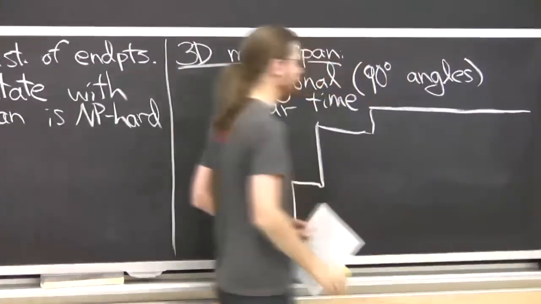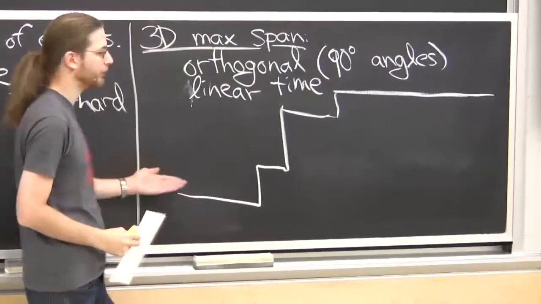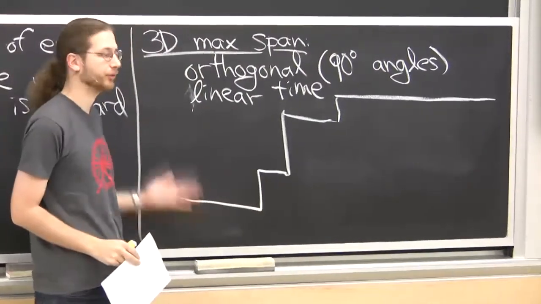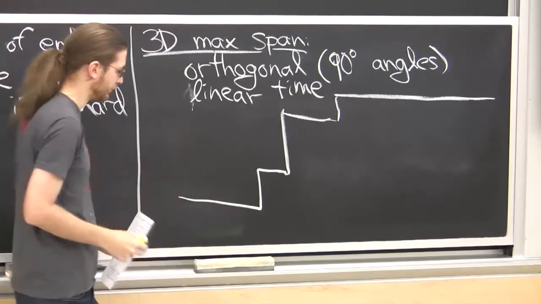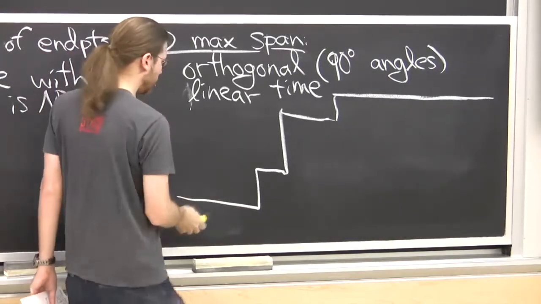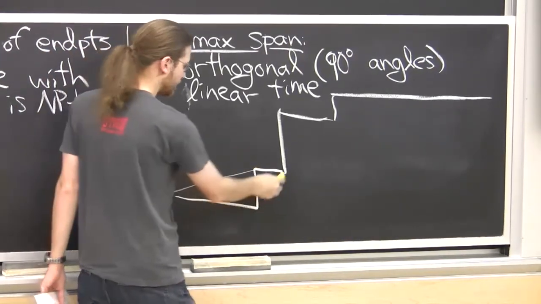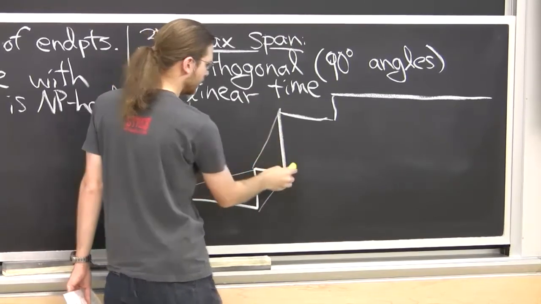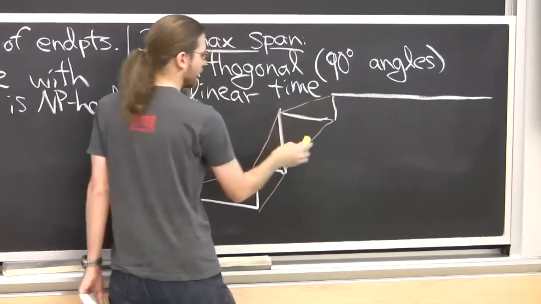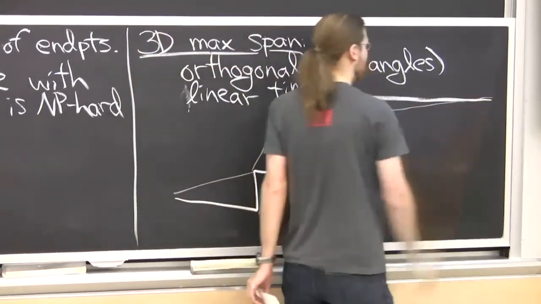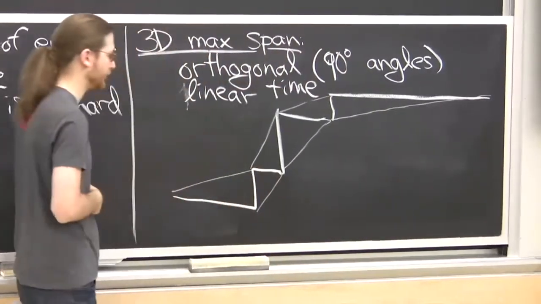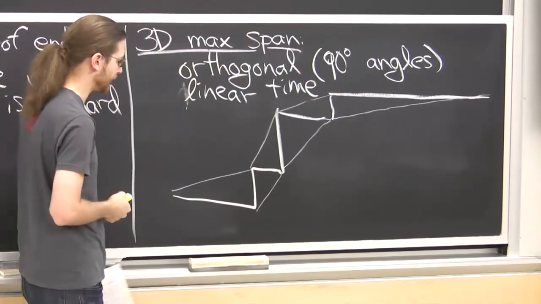Suppose you have some orthogonal chain. Orthogonal chains are nice because you can draw them in a plane as a staircase. So there's a nice canonical configuration. One way to think about how to find the max span configuration, I'm just going to give a high-level overview here. This won't be a complete algorithm.